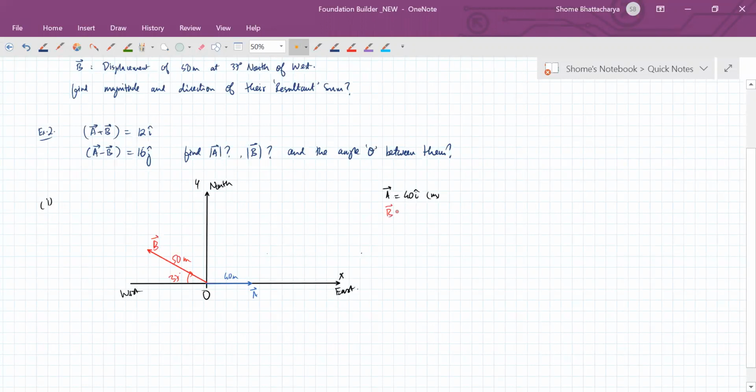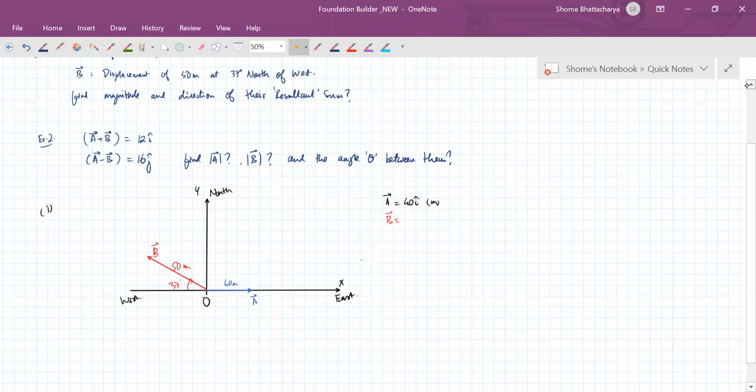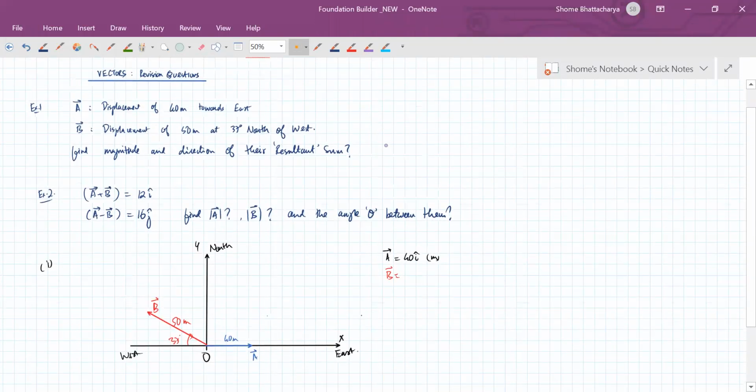So now you see what you're getting for B, and from that it will be easy to work out A plus B. Okay. So just work this out, and I'll tell you the answer. So when you work this out, the answer for this should be coming out to be that A plus B, it is a displacement of 30 meters towards north. Okay.